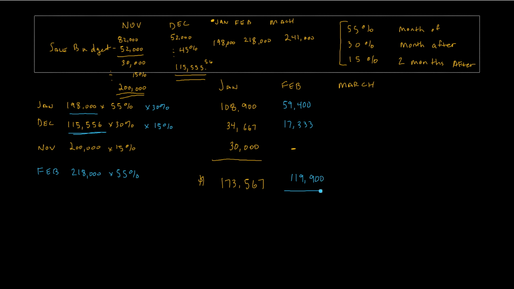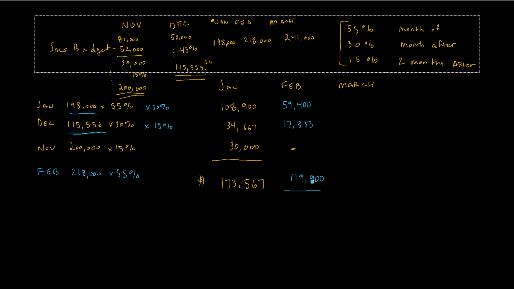So how much cash am I going to collect just in February? Well, that's easy. I'm going to collect my $119,900 from February sales plus 15% of December sales, which is the 17,333.